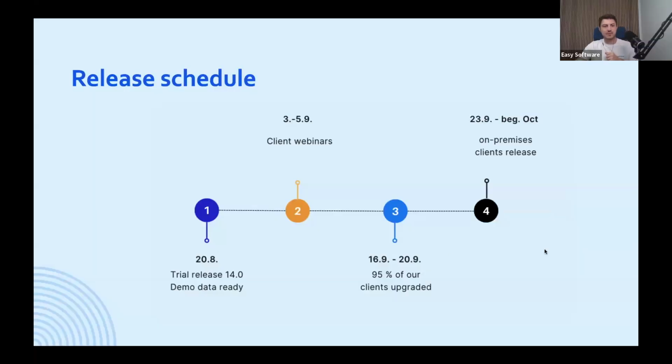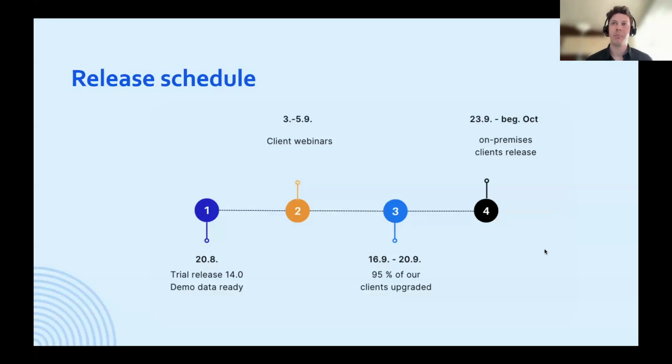Nice. Very good. Yes, because this is the first topic I would like to tell everybody about. Currently we're in early September. We're doing these webinars, and version 14 is coming out globally on cloud later this month. It should be somewhere between the 16th and 20th of this month.